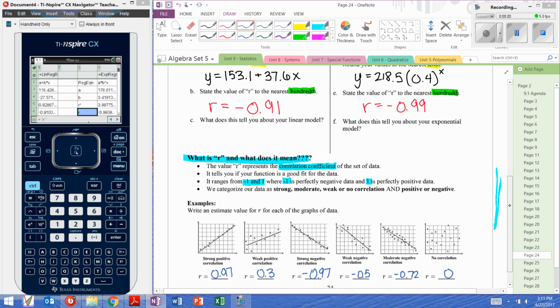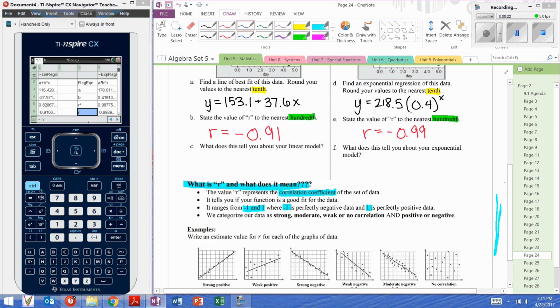All right, now if we go back up here, where it asks us a question, what does this tell you? What does this correlation coefficient tell you about our linear model? That it is a good fit, but could be better.